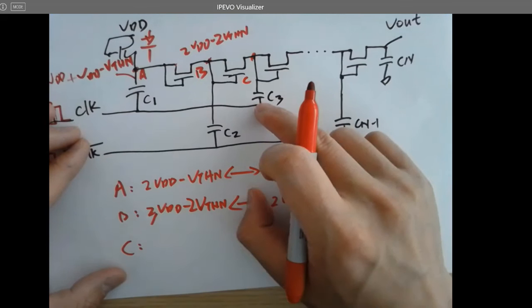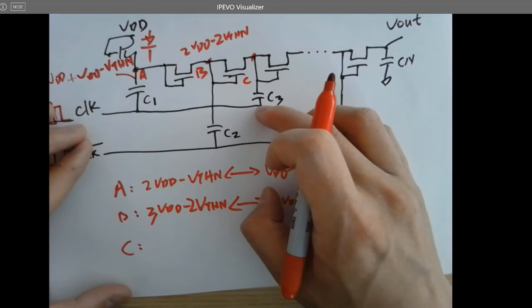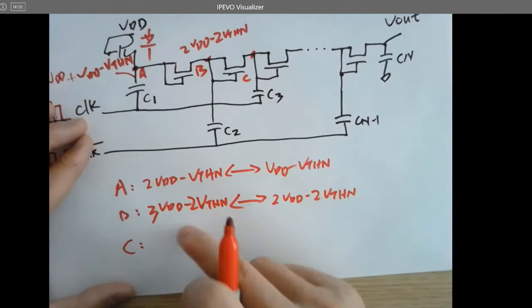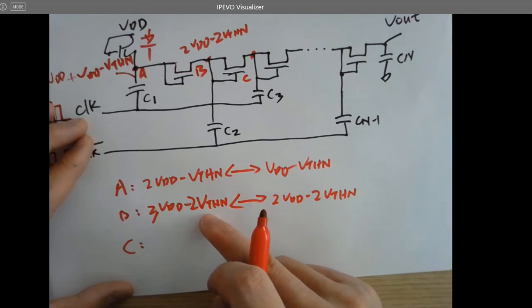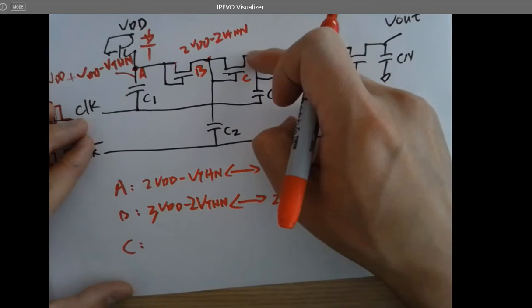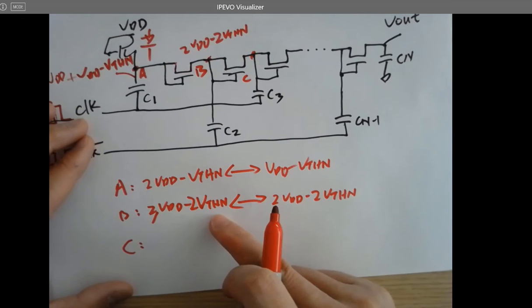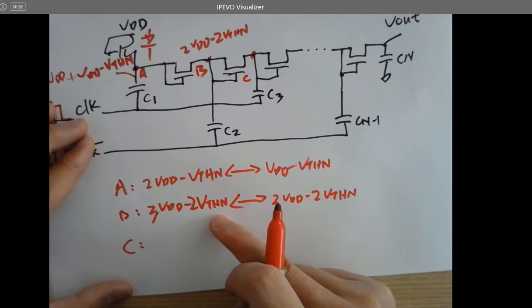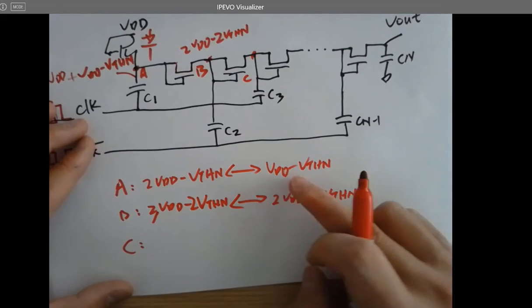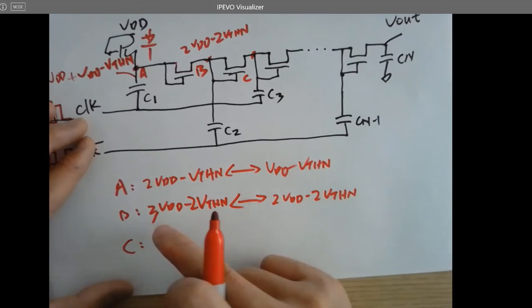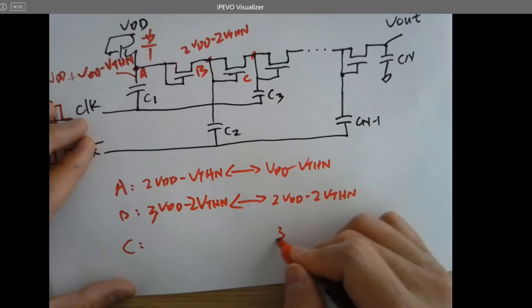Whenever this is low, it's pulling. Whenever this is low, this is high, right? So it's pulling the highest, which is this one, to here, but further dropped by another VTHN. So it's literally this guy minus another VTHN will be the lowest.